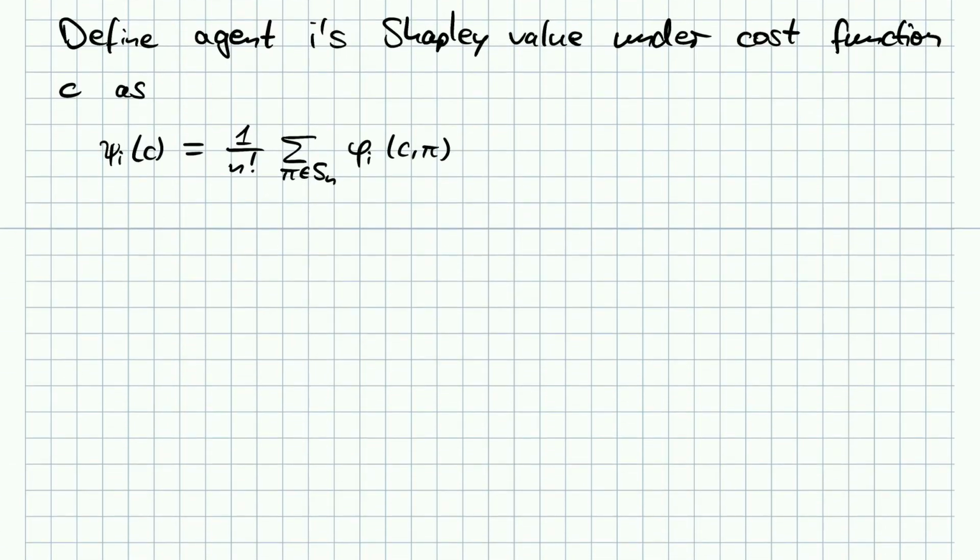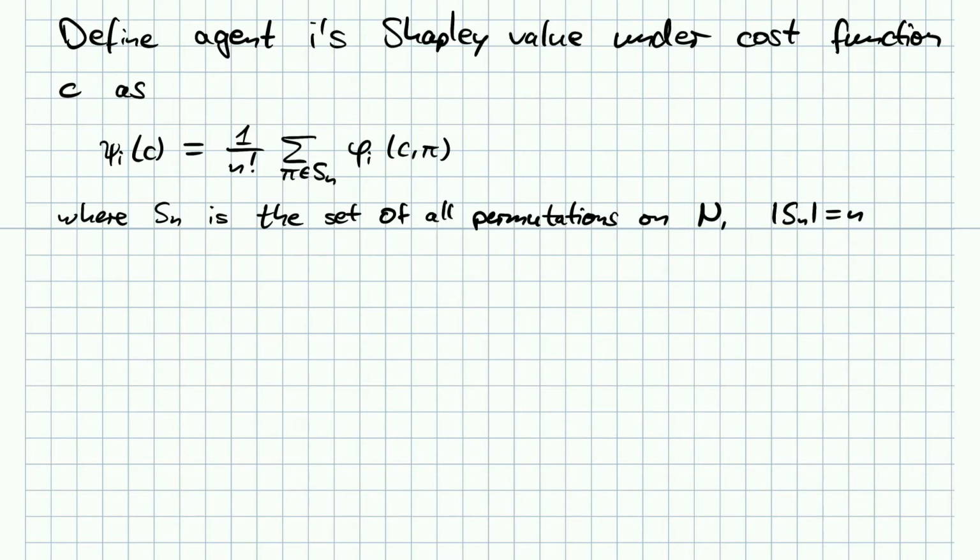And here we mean by S_n the set of all permutations on n. So in particular, the cardinality of this will be n factorial. Good.